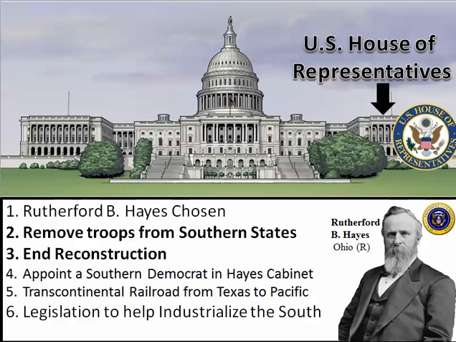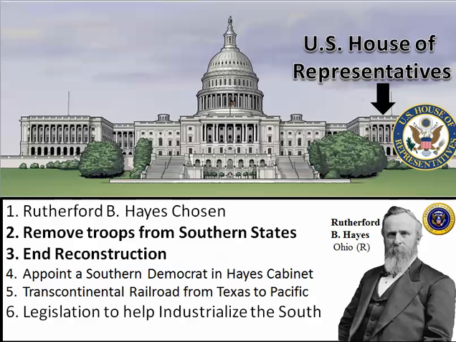And then the next thing is appoint a Southern Democrat in President Hayes's cabinet, and eventually he does, a Southerner as Postmaster General gets elected eventually. And then Transcontinental Railroad, this agreement, they would build a transcontinental railroad from Texas to the Pacific Ocean.